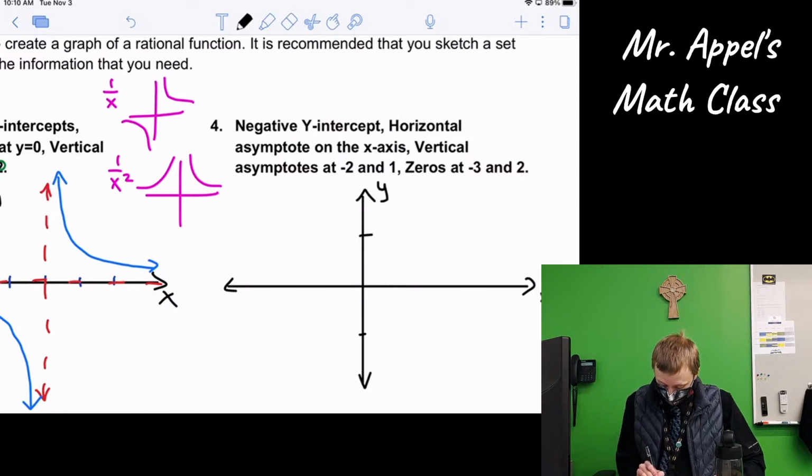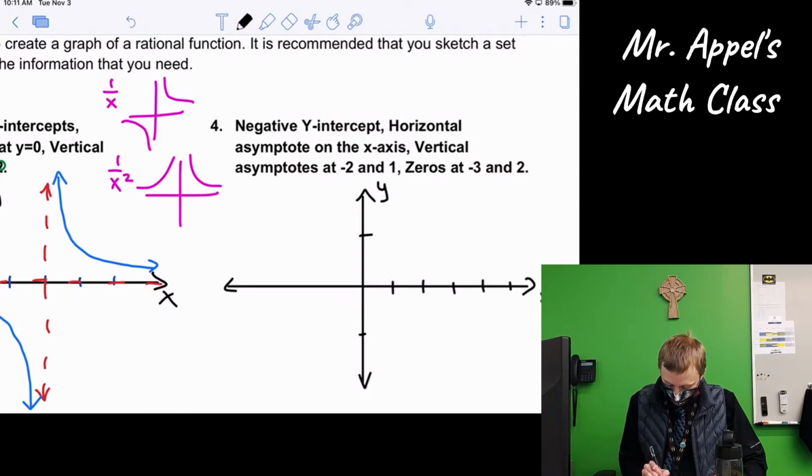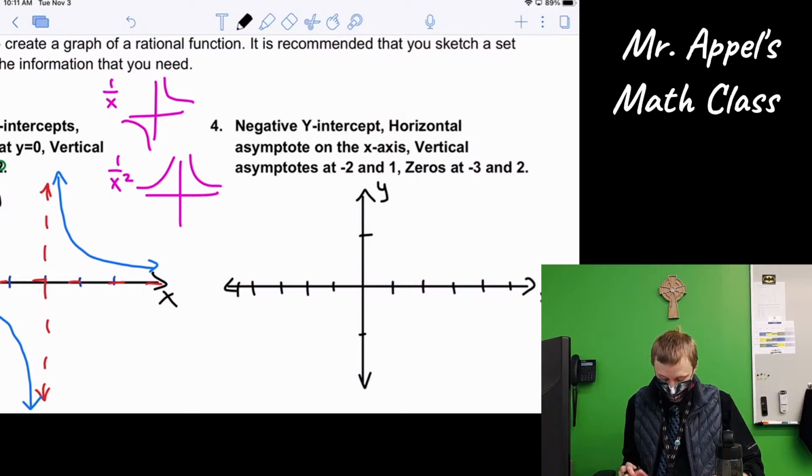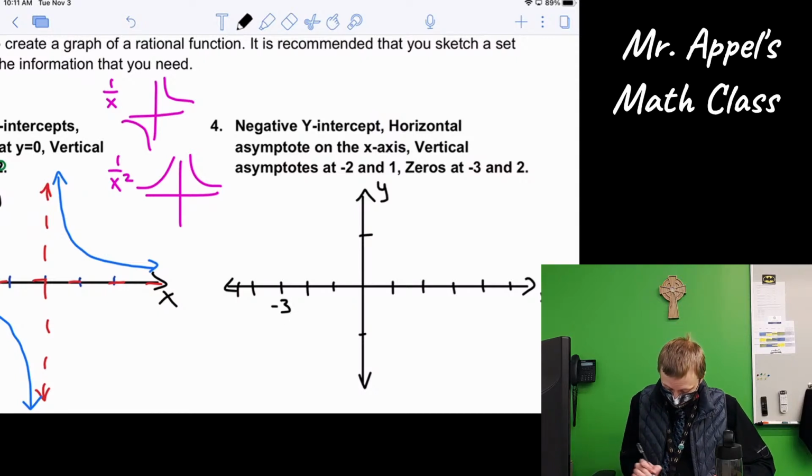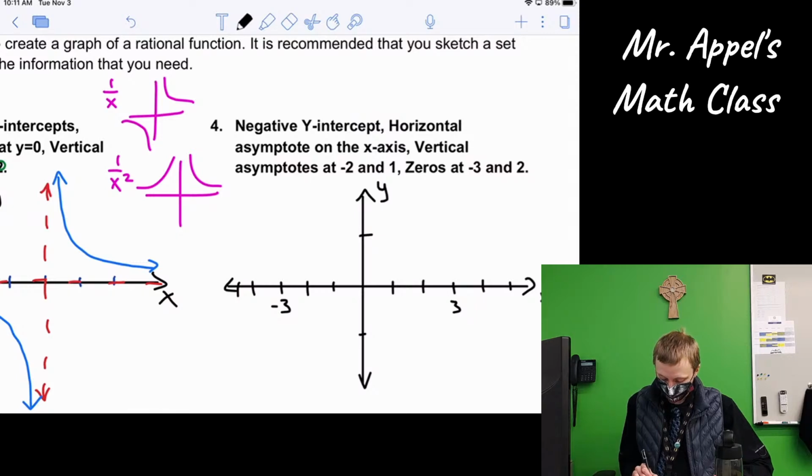I need to go to at least to 3. So we're going to maybe 2 more beyond that, just so I can see what the end behavior looks like. So here's negative 3, positive 3, and 1 and negative 1.